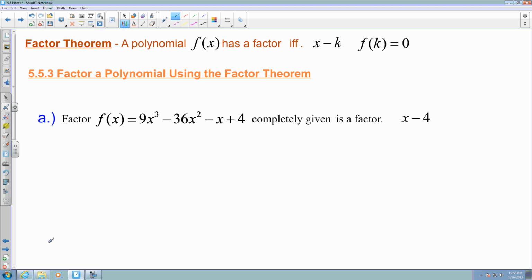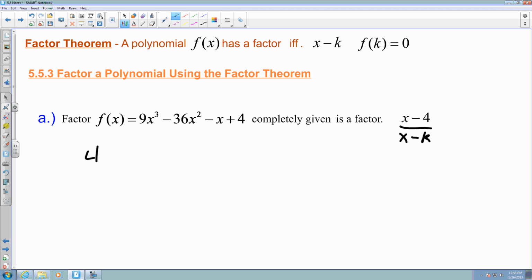You can use synthetic division here because they tell you that x minus 4 will be one of the factored binomials. So you can treat this like the x minus k here. So k would equal 4.